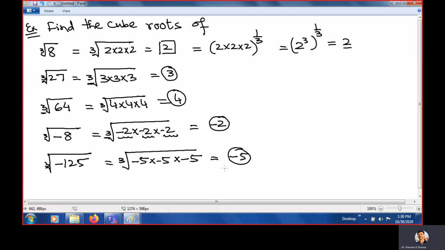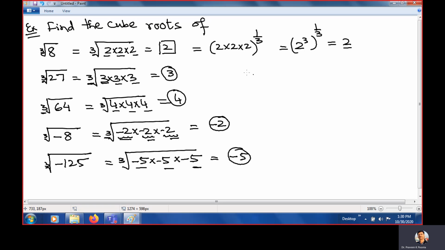The answer is minus 5. So if 3 is written outside, look here: 1, 2, 3, 1, 2, 3, 1, 2, 3. Everywhere we break the given number into 3 parts.